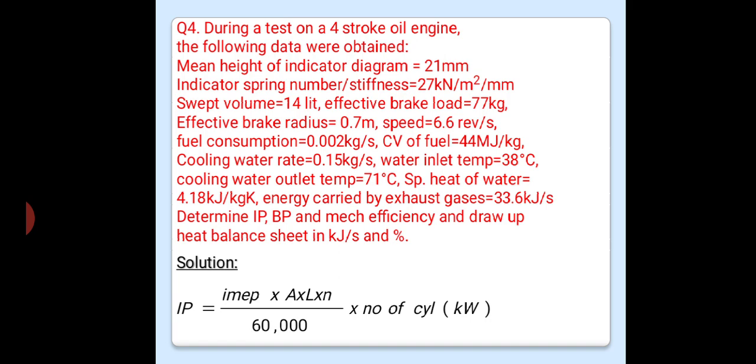Mean height of indicator diagram 21 mm. Indicator spring number or stiffness 27 kilonewton per meter square per mm. Swept volume 14 liter. Effective brake load 77 kg.